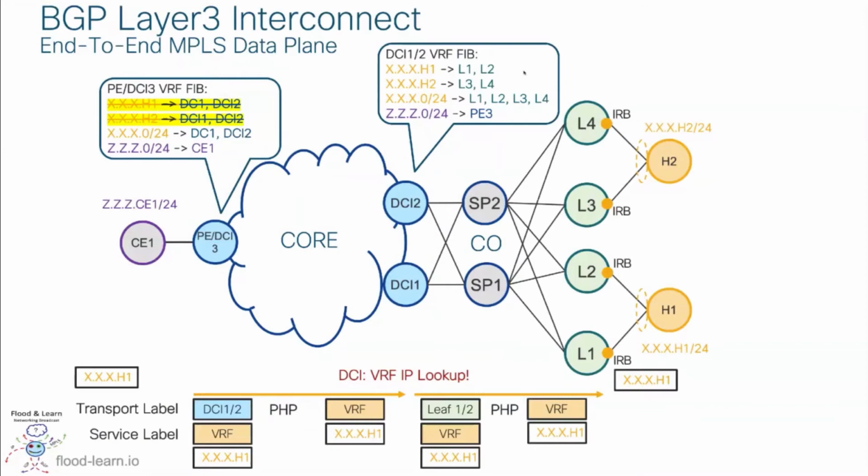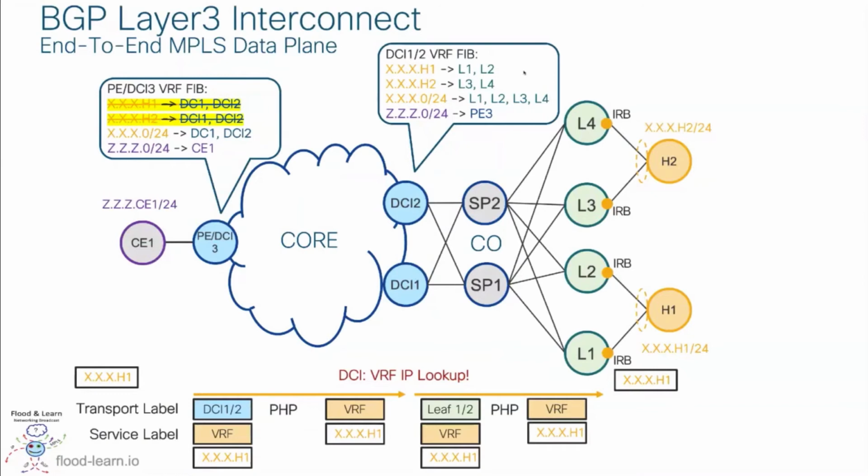Here, it's again very important that we have the host route on the DCI1 and DCI2, because if we had just a summary route, DCI wouldn't know whether to send the traffic to L1, L2, L3, or L4, because it would basically be multipath from the prefix point of view.